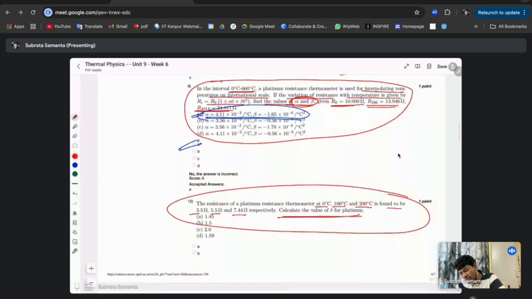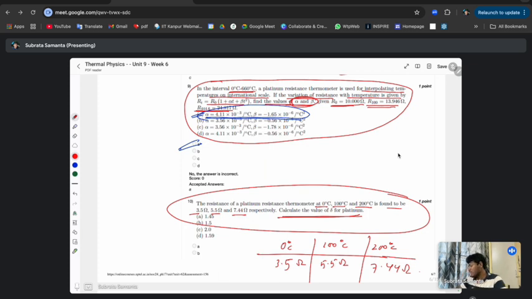At 0 degree centigrade, the resistance is 3.5 ohm, and at 100 degree centigrade, 5.5 ohm, at 200 degree centigrade, 7.44 ohm. Calculate the delta for the platinum. How do we compute?